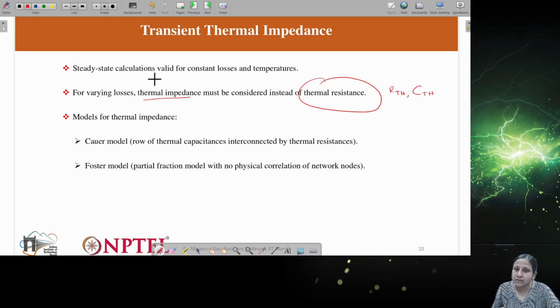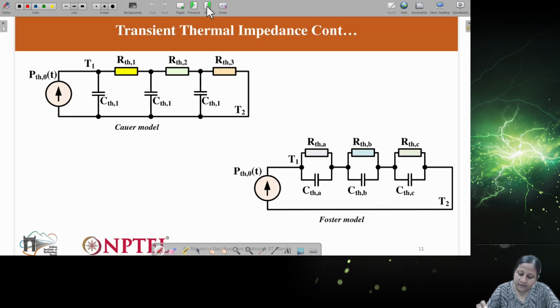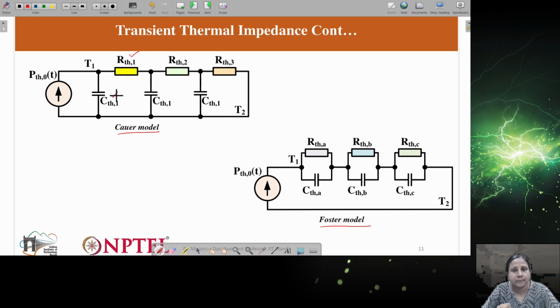So there are two different models which consider these two different parameters, resistance and capacitance. One is the Cauer model, where a row of thermal capacitances is interconnected by thermal resistances. Another is the Foster model. It is known as the partial fraction model with no physical correlation of network nodes. So you can see here, this is the Cauer model and this is the Foster model. Here each thermal resistance is connected with the thermal capacitance in this particular manner.